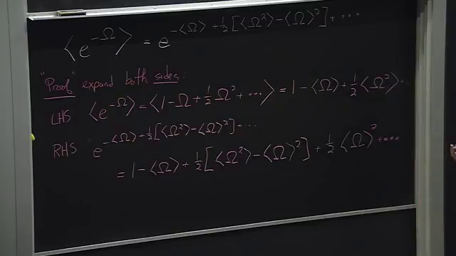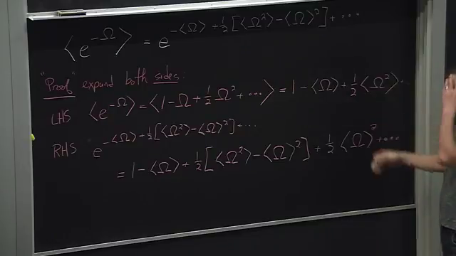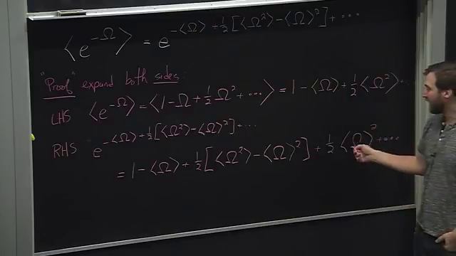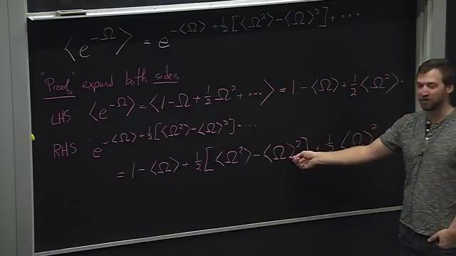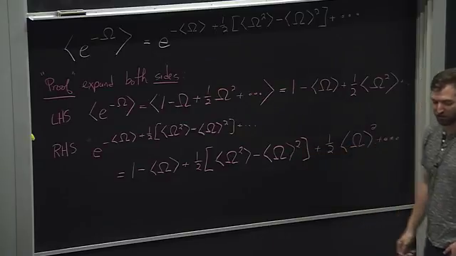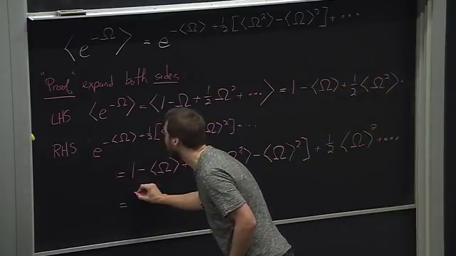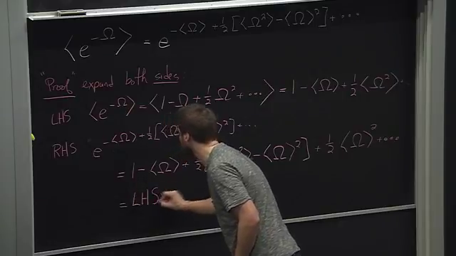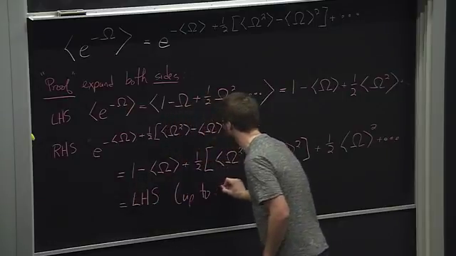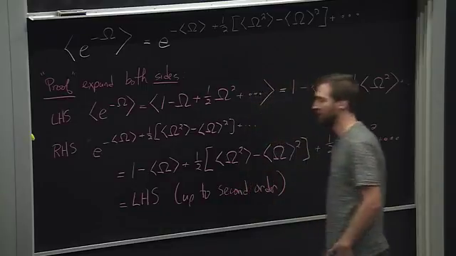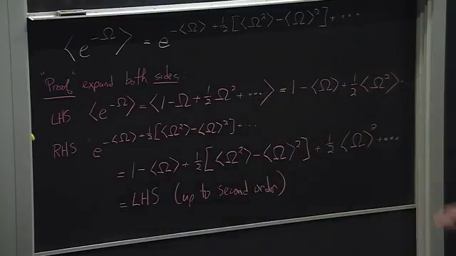So the only difference is somehow you're mixing this higher order term down, and it cancels the piece that looks like what you didn't want. So this equals the left-hand side up to second order. So in order to prove it, you have to do that at every order.